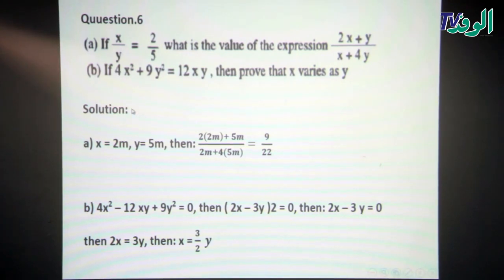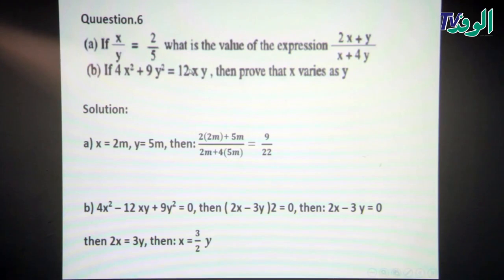Number B: 4x squared plus 9y squared equals 12xy. Prove x varies as y. We can see that it's a quadratic equation, so we must make the right hand side 0.